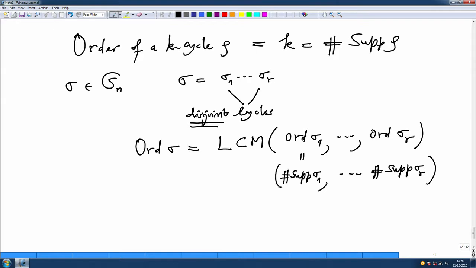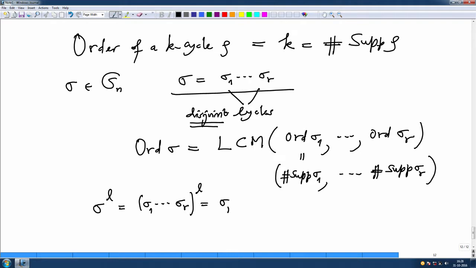So, that is the formula for the order. And how do we check this equality here? If you have the LCM L, then you raise the product to the power L, that is sigma 1 to sigma R, power L. Because they commute, I will take this L inside.